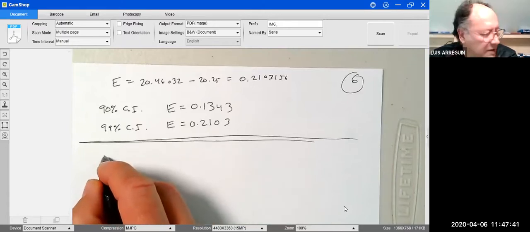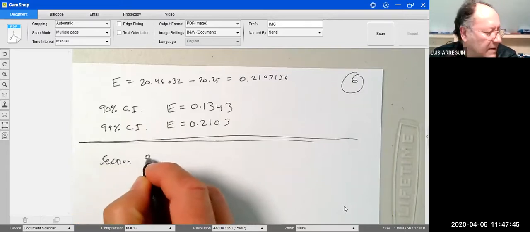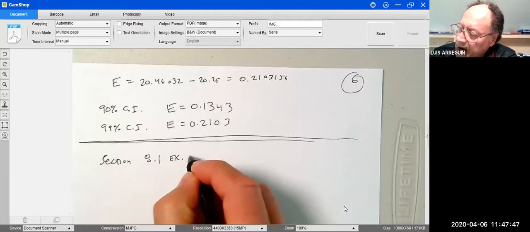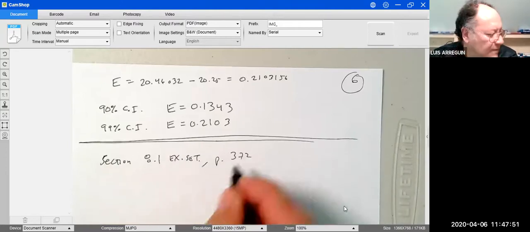So you're going to solve from section 8.1 exercise set on page 372.